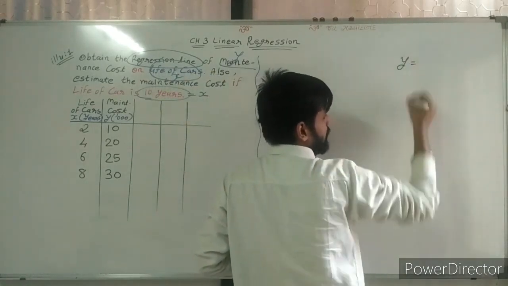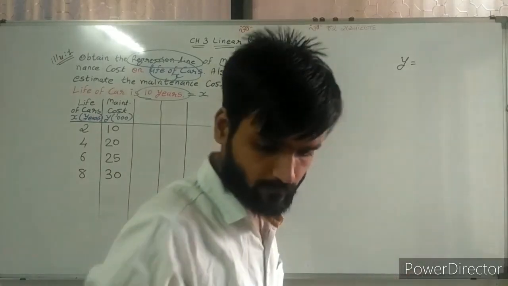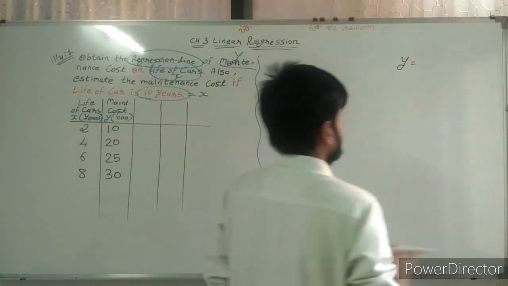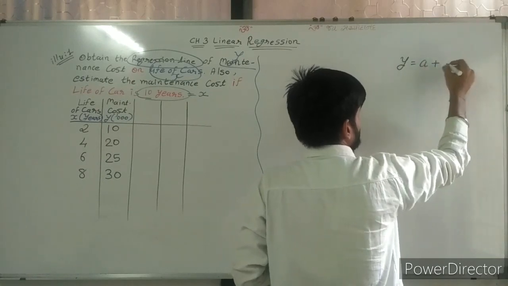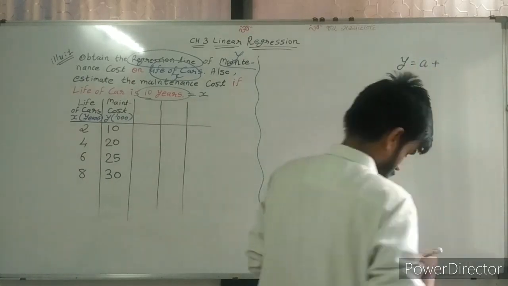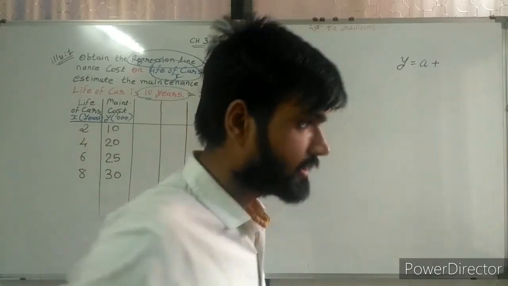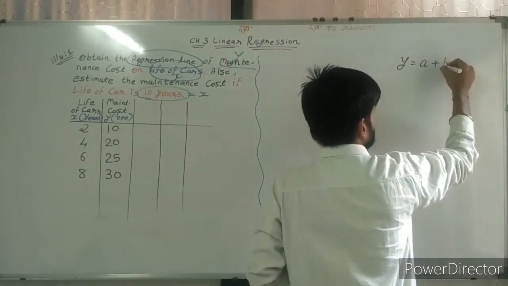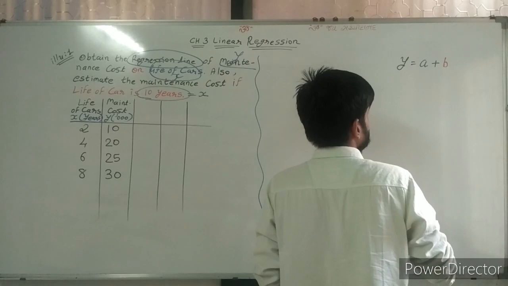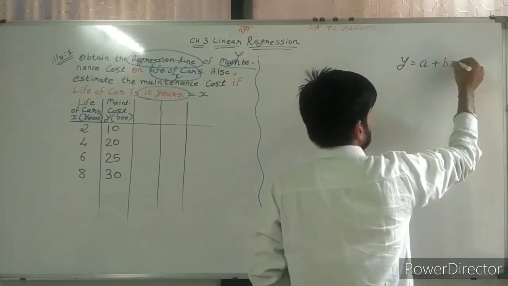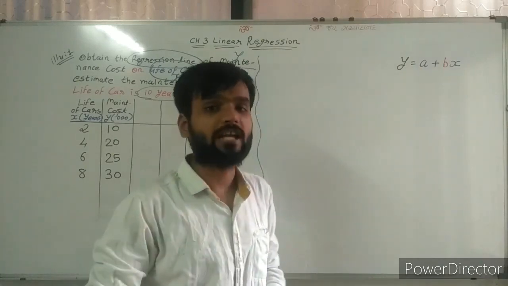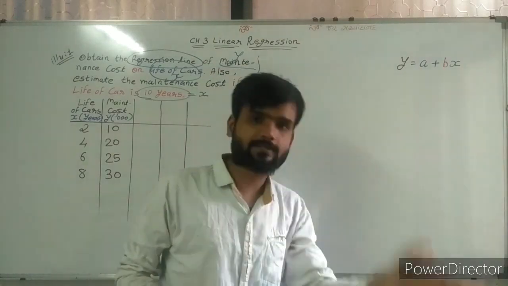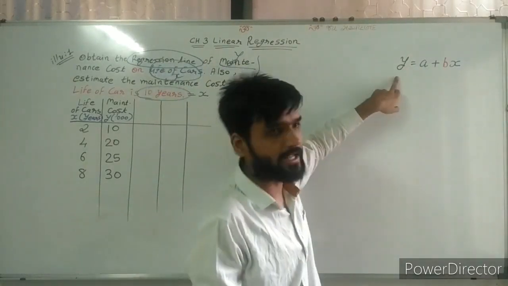Y is equal to a plus b x, because regression line, in the last lecture we have already seen.